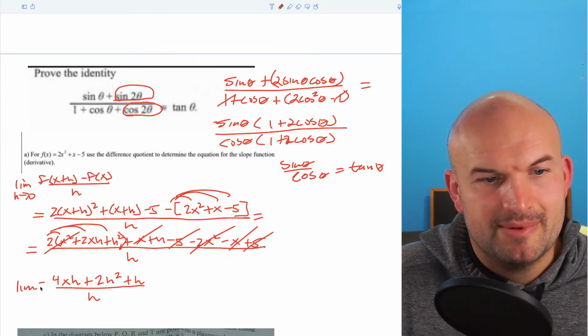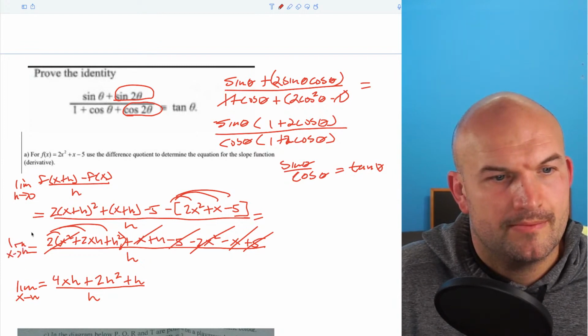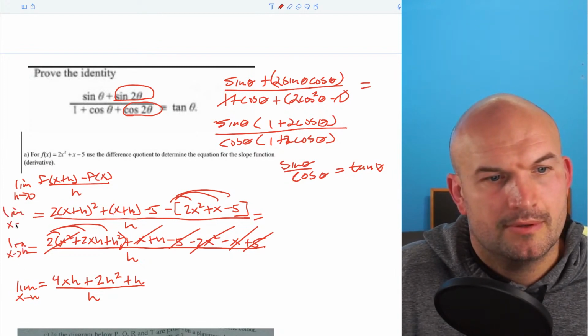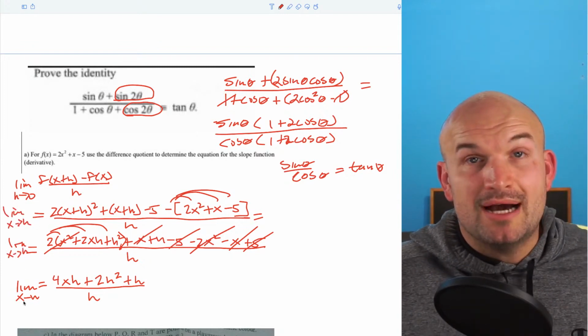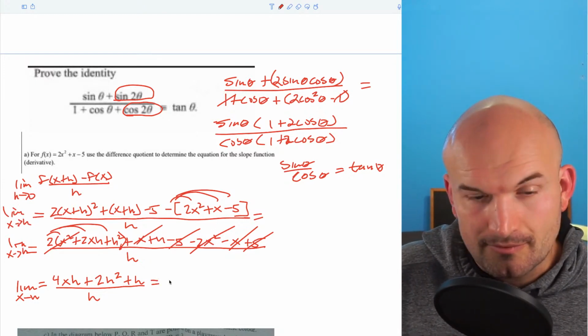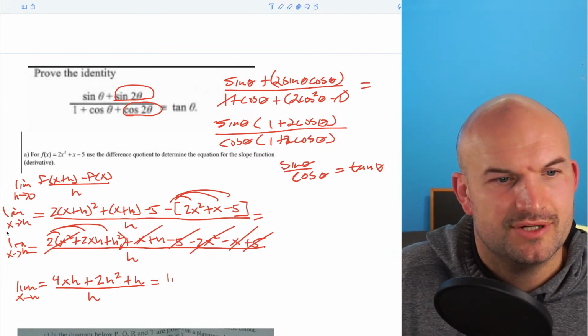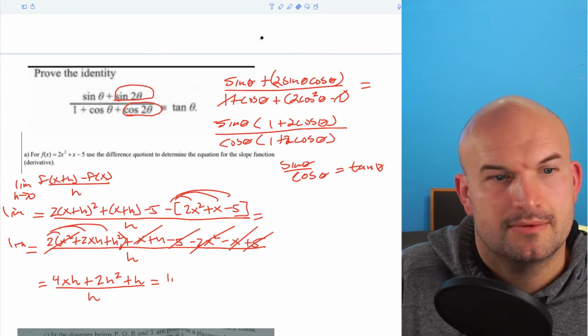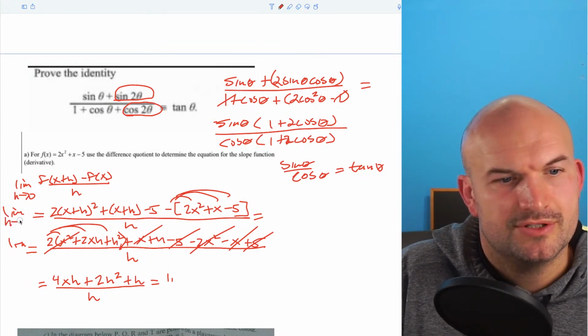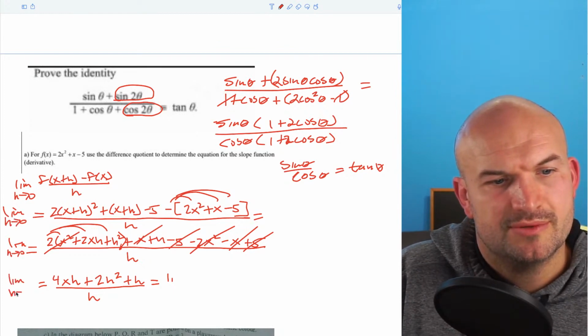That's all equal to the limit as h approaches 0. Now I can go ahead and factor that out. Sorry, not x, h equals 0. Limit as h is approaching 0.